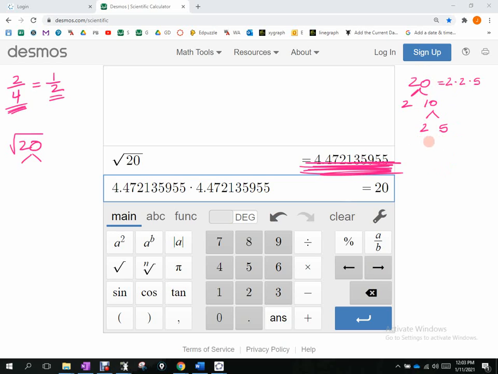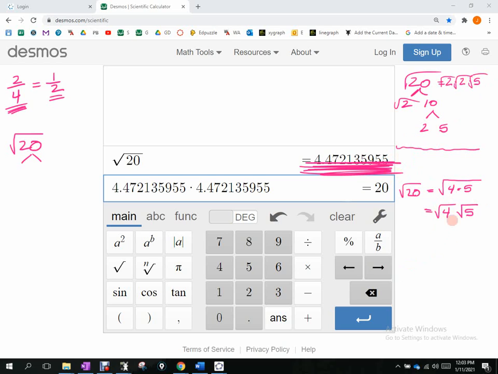Now, there's a couple ways of thinking about this. We can write 20 as, so radical 20 can now be rewritten as radical 4 times 5. Would you guys agree with that? It's 2 times 2, radical 4. Or I guess it'd be radical 2 times radical 2 is radical 4. But all this is happening underneath the radical, so radical 2, radical 2, radical 5. Because of the laws of exponents that you learned last year, you can actually do that.